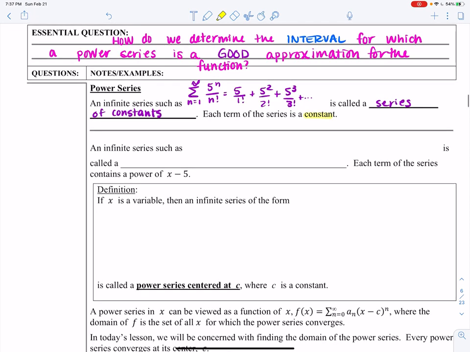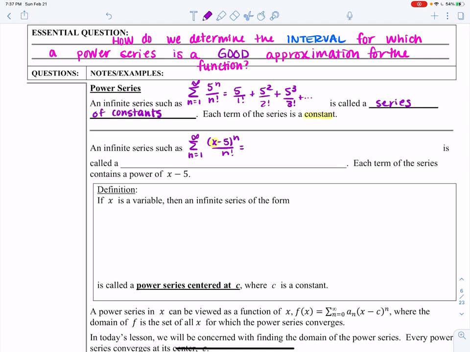But there are also series that we could produce that have variables in them. Let's now make this change and start at an index of 1, go to infinity, and say x minus 5 to the n over n factorial. And now what's different is I've introduced a variable into this, which means every term will not just be a number, but have a variable.